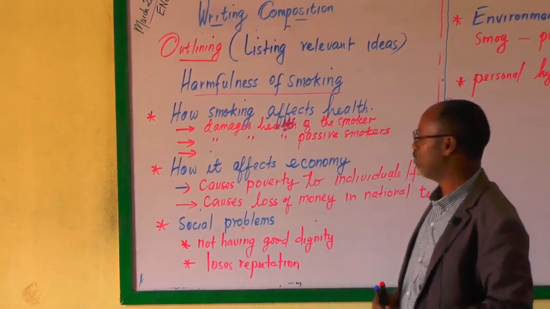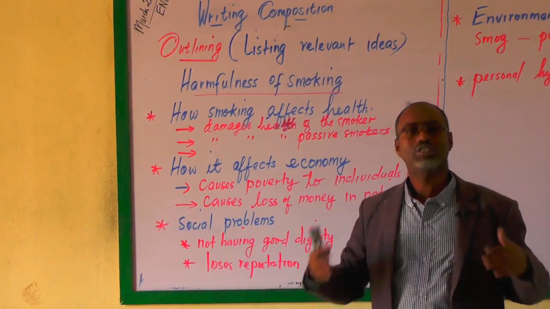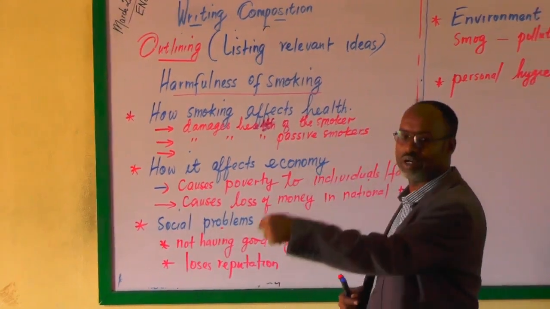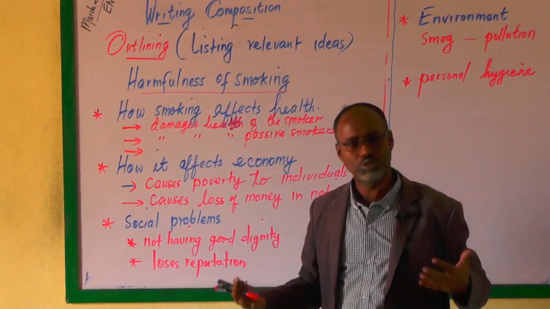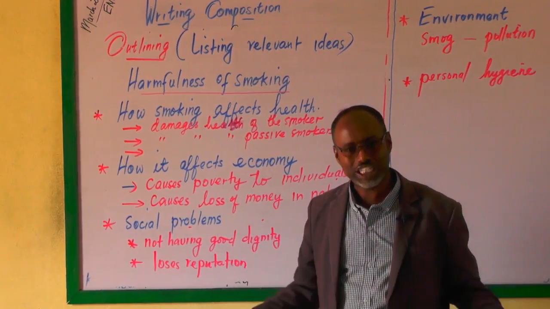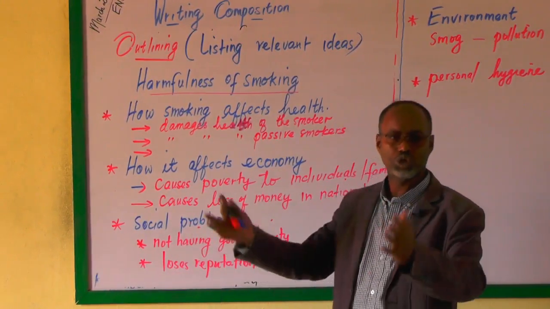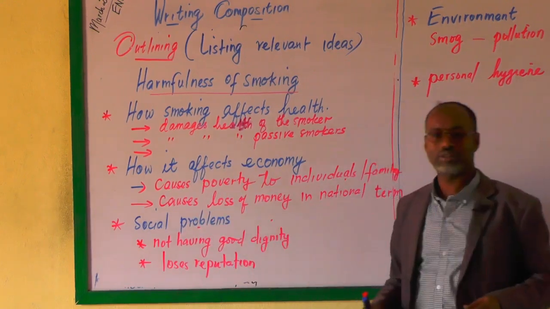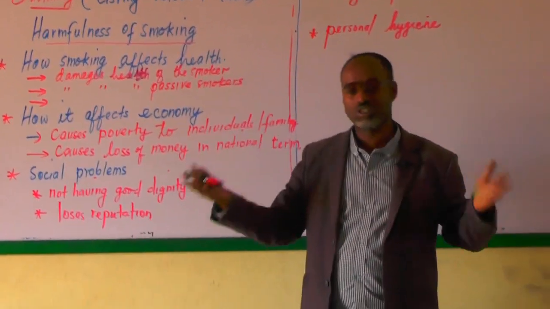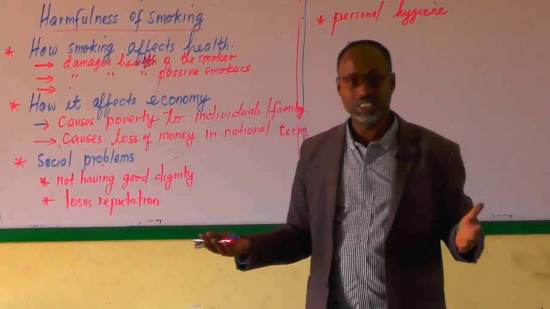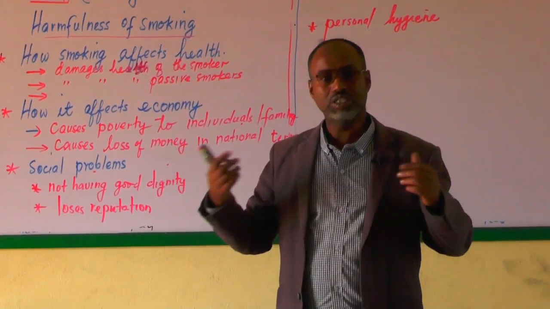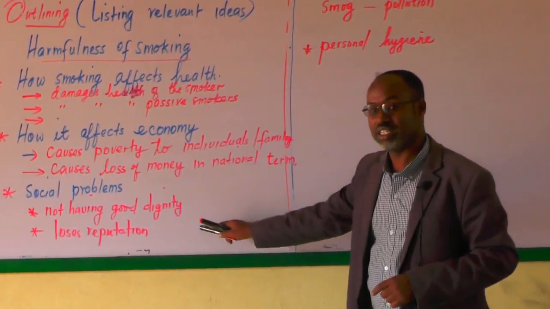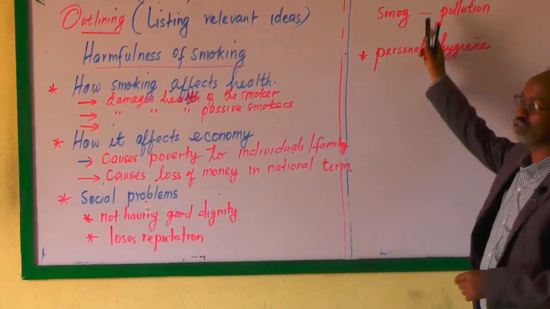Also, you can write about how it affects the economy: the economy of the smoker, the family, the community, the nation, where we lose a lot of money. Also you can write about the social problems caused by smoking in the community.